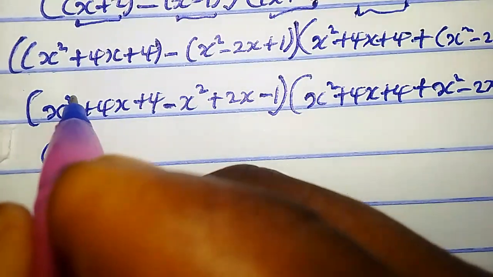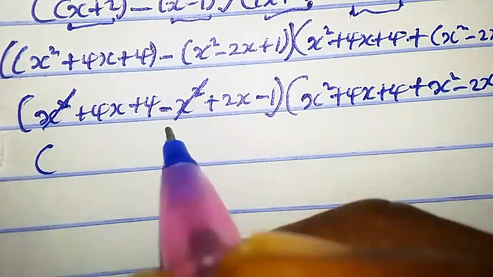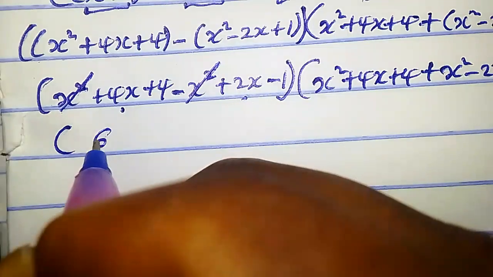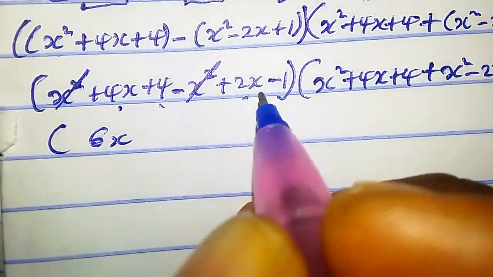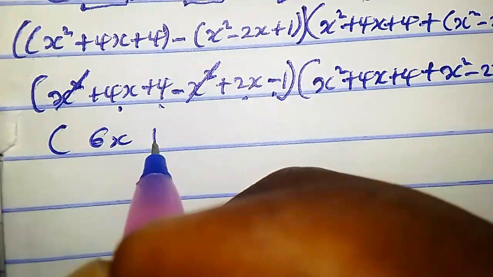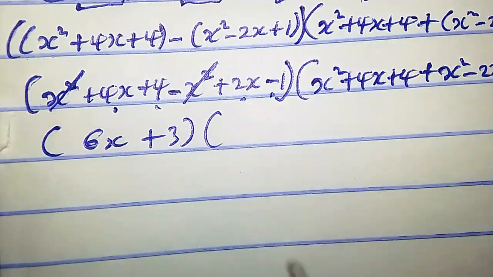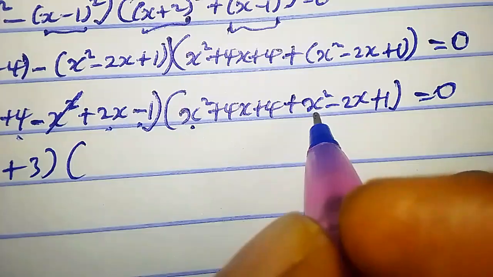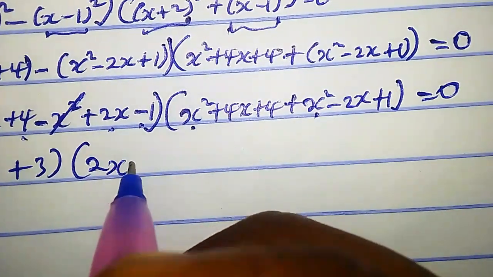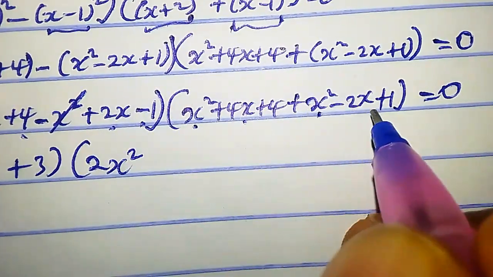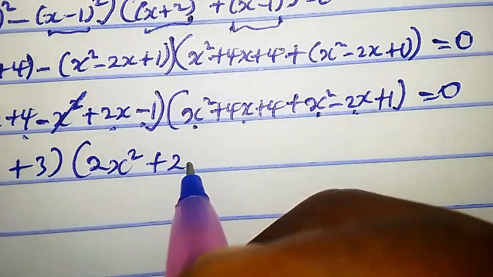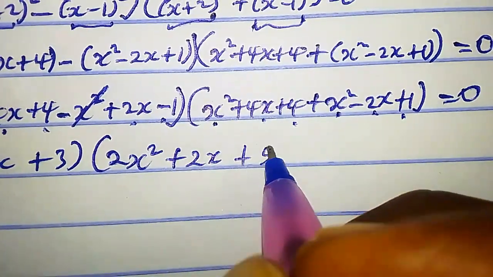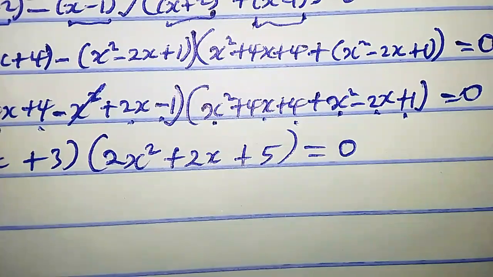Clearly, x squared minus x squared, that goes off. We are left with 4x plus 2x, 6x, 4 minus 1, that is plus 3, times, let's add the common terms here also, x squared plus x squared, 2x squared, 4x minus 2x, plus 2x, 4 plus 1, that is plus 5, equal to 0.